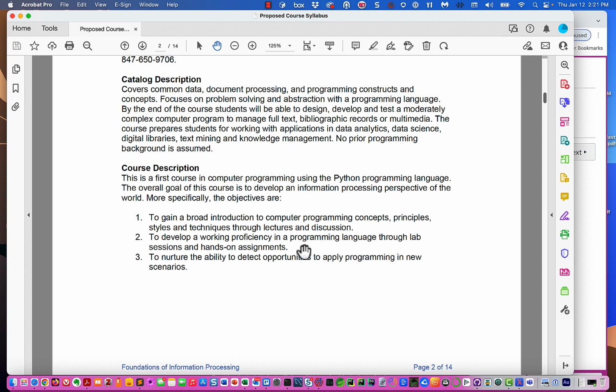More specifically, the objectives are to gain a broad introduction to computer programming concepts, principles, styles, and techniques through lectures and discussion and a lot of hands-on work. To develop a working proficiency in programming language through lab sessions and hands-on assignments. To nurture the ability to detect opportunities to apply programming in new scenarios.